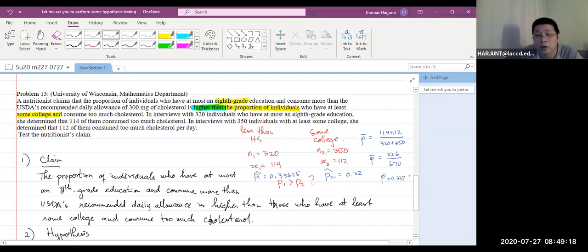By the way, the pooled proportion should be a number between p1 hat and p2 hat. Maybe I write it in words: p bar is between p1 hat and p2 hat all the time.